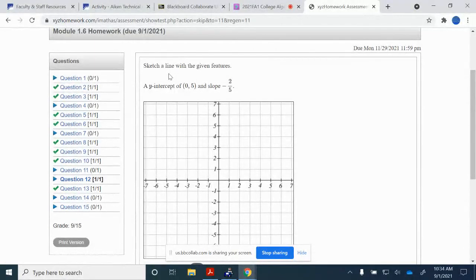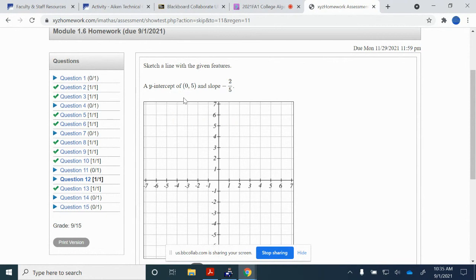And here we're asked to sketch a line with the given features. It has a y-intercept of (0, 5), and it has a slope of -2/5. So how we plot something like this is I'm basically going to use the point-slope form, but not in the sense of writing an equation.